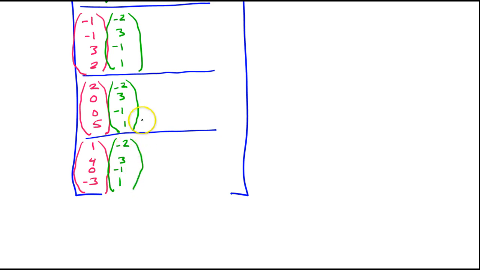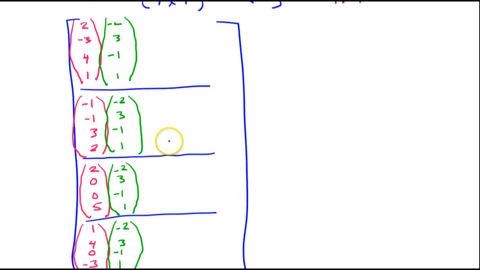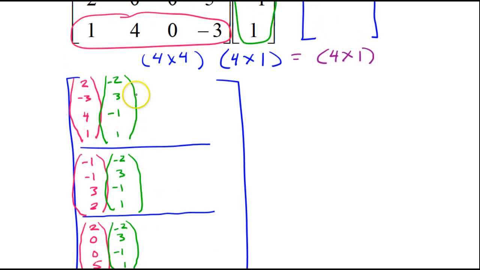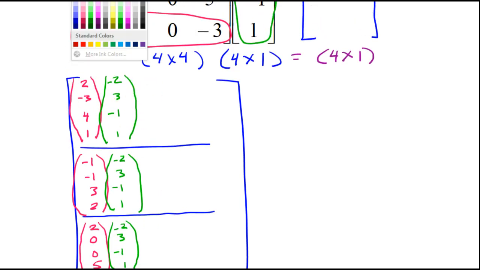So you see why I had to make this so tall, because each element has a matrix that is 4 tall. So now I'm just going to go ahead and do the calculations.